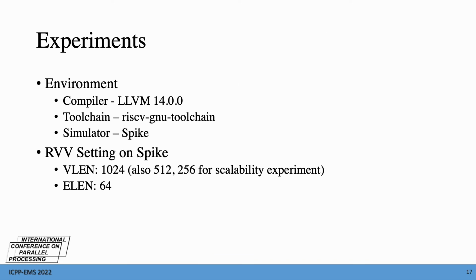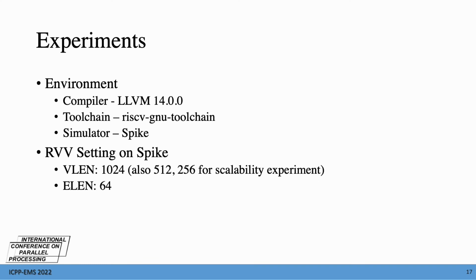In our experiment, we use LLVM to compile C programs with RVV intrinsics, and we use the RISC-V GNU toolchain to link and generate the final executable. Finally, we execute the program on the RISC-V simulator called Spike. We configure Spike to perform different experiments.